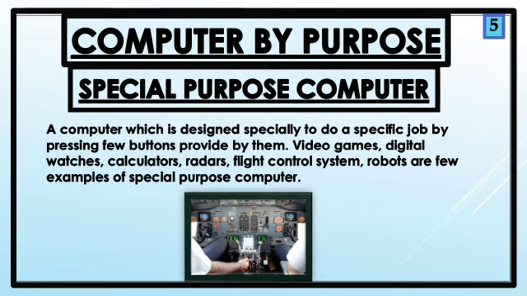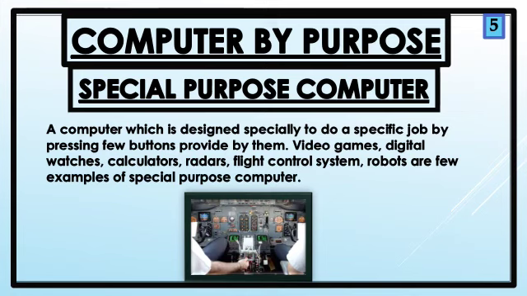A computer which is designed especially to do a specific job by pressing a few buttons provided on it. Video games, digital watches, calculators, radars, flight control systems and robots are a few examples of special purpose computers. Special purpose computers, as you know, are generally designed to solve repeatedly, in accordance with previously prepared programs, periodic or continuous changes that occur in data.